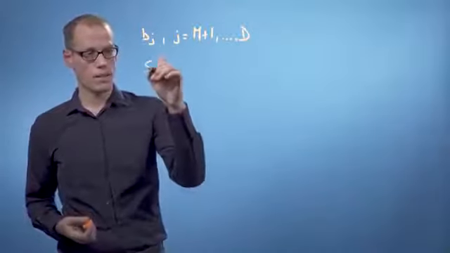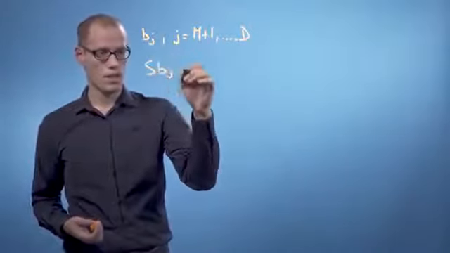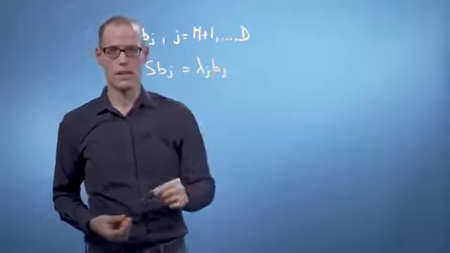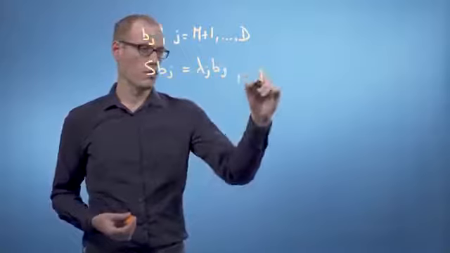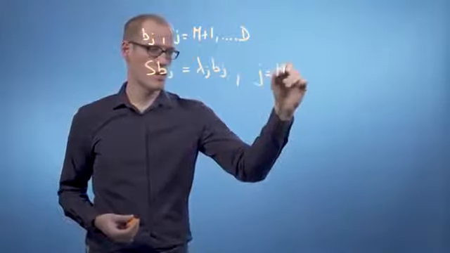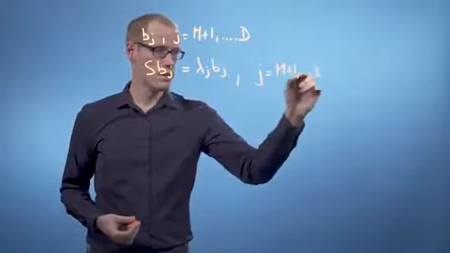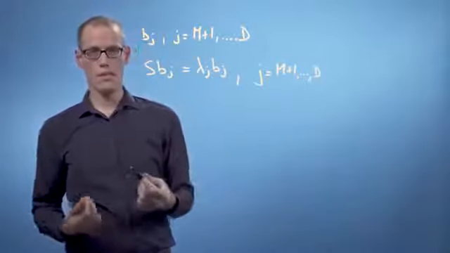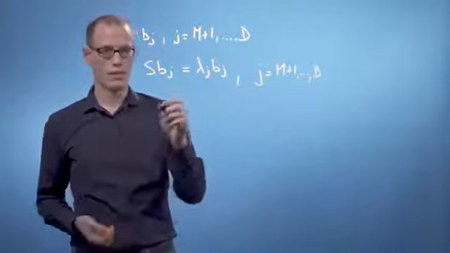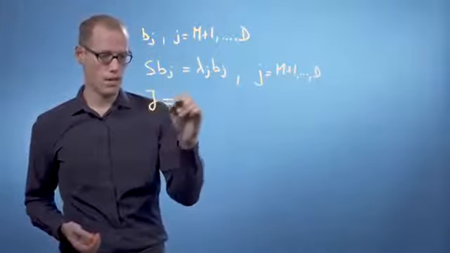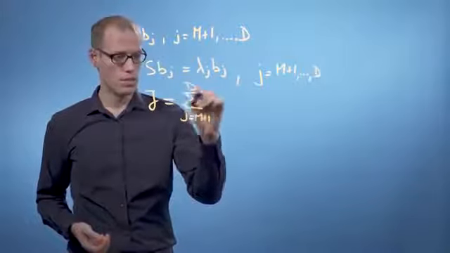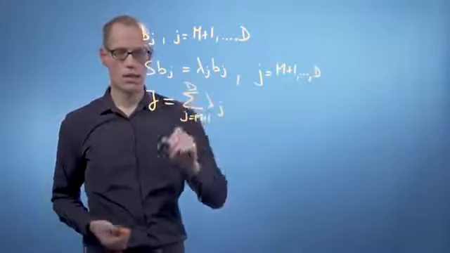We end up with S times bj equals lambda j times bj for j equals m+1 to d. And the loss function is given by the sum of the corresponding eigenvalues. So we can write J as the sum from j = m+1 to d of lambda j.